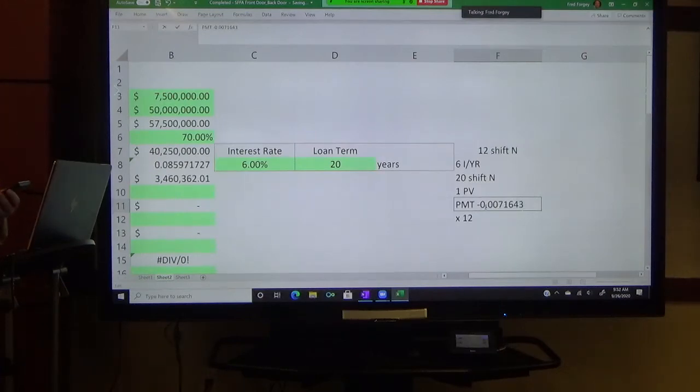Okay, multiply that by 12. We should end up with negative 0.08597172770, which matches up with what we have over here.